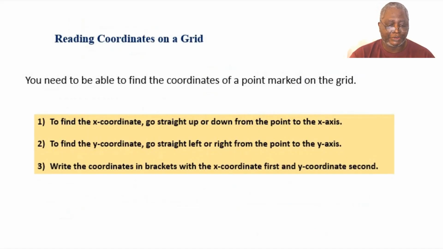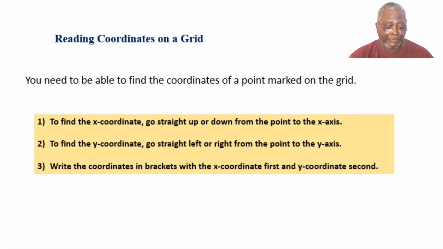Reading the coordinates on a grid, you need to know certain facts. You need to be able to find the coordinates of the points marked on the grid and follow these guidelines. First, to find the x coordinate, go straight up or down from the point to the x-axis. And to find the y coordinate, go straight left or right from the point to the y-axis.